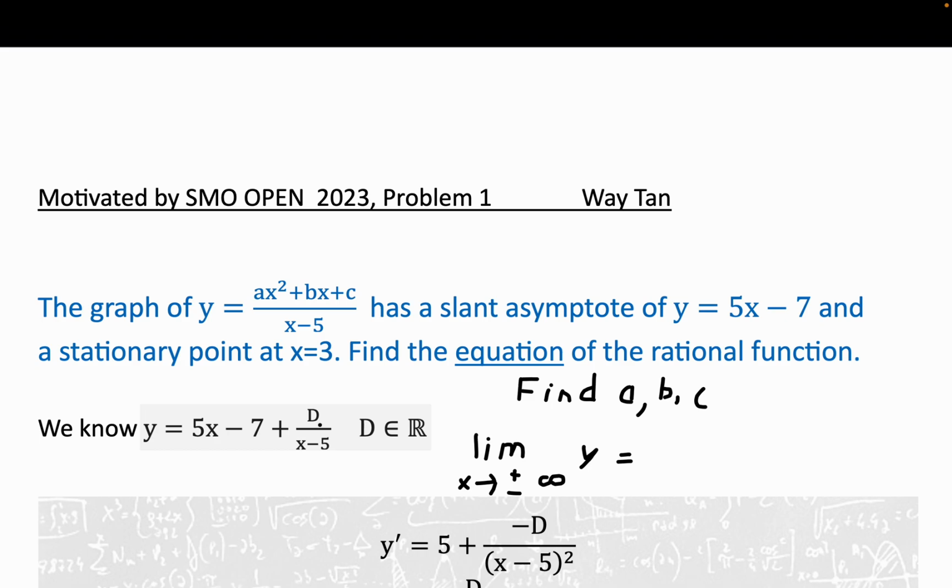And so that means your remainder has to be a constant term. In other words, d, this has degree 1, d, any constant can be thought of as a degree 0 polynomial. And so this would be equal to 5x minus 7.